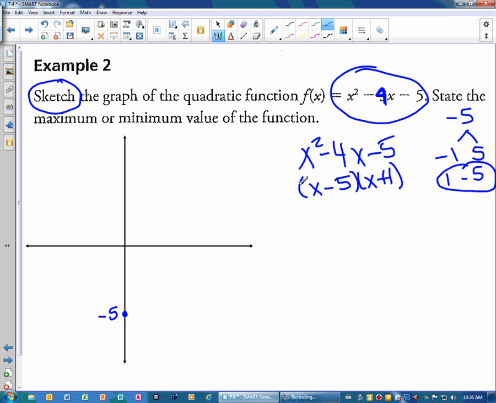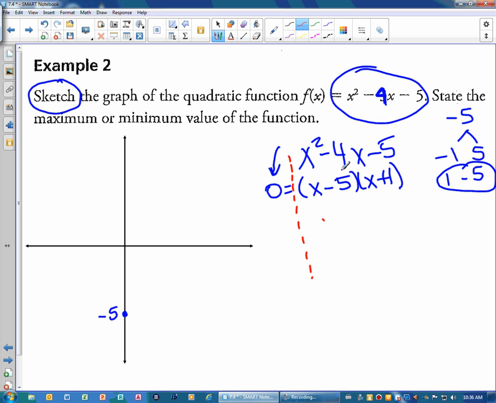Well, remember that when I am crossing the x-axis, my y is 0. So look at how my left side is 0. I want to know where I am crossing the x-axis, and right there y is 0. So if my left side is 0, I have to make my right side 0.